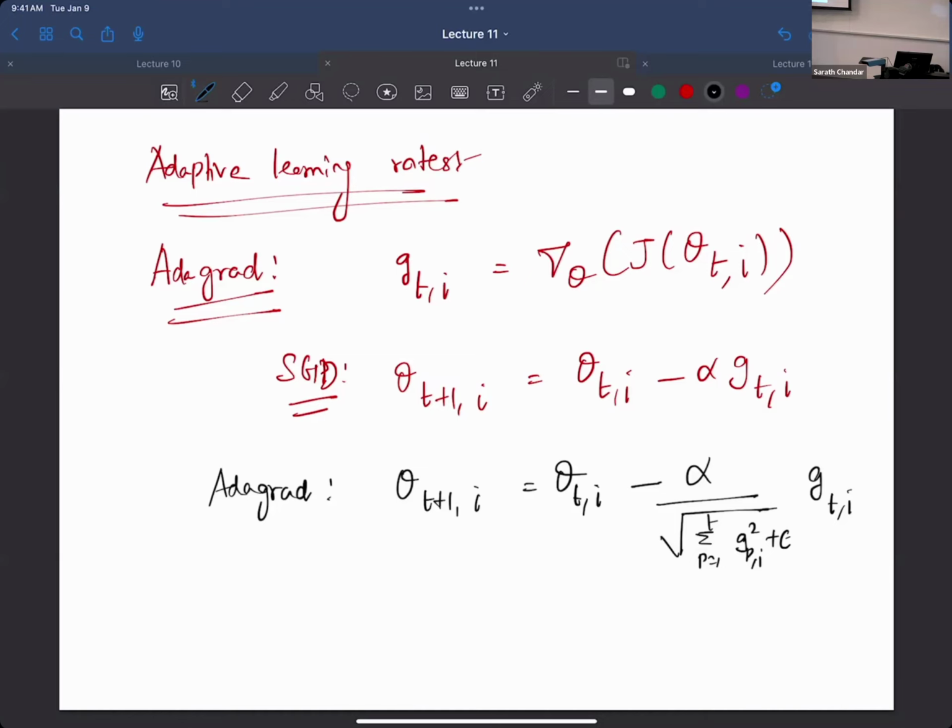To make sure this is not division by 0, I add a small epsilon here, which is 0.001 or 0.0001, a very small value close to 0. Is that clear? In case this is 0, it helps with the numerical errors. t is the iteration, i is the parameter. This is the gradient for the ith parameter at the tth step.